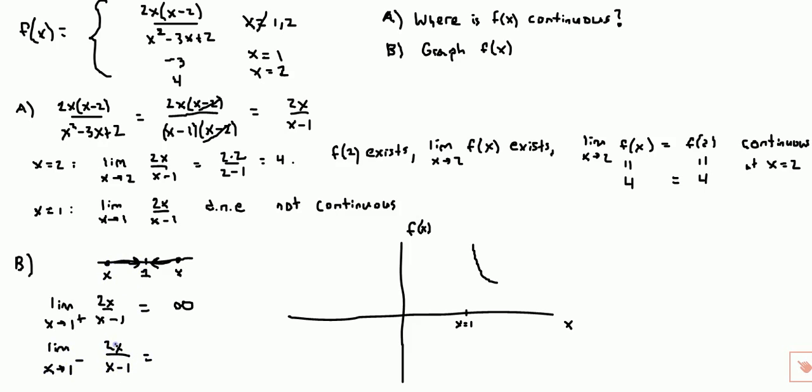The top is still positive, right? Because it's 2 times something a little less than positive 1. So we have a positive number divided by a really small negative number. That gives us negative infinity. So if we approach 1 from the left, we're going to negative infinity. So that tells us that we have a vertical asymptote at x equals 1.